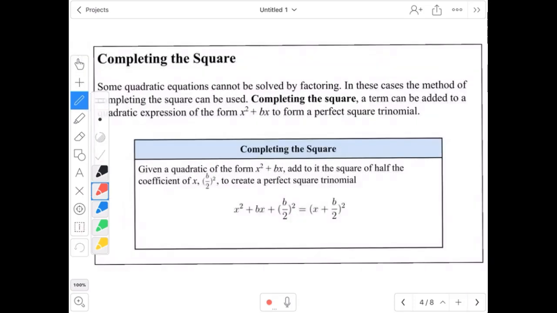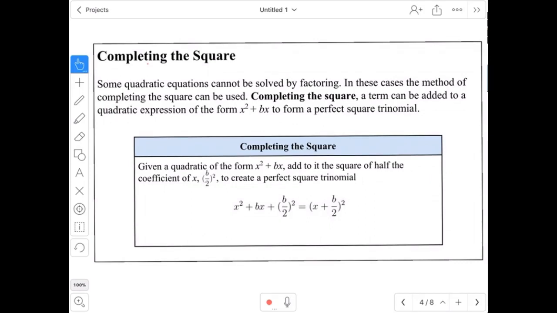Okay, now if we are actually completing the square, we want our equation to be in the form of x squared plus bx. That is the most important kind of piece. So notice there's no coefficient in front of the squared term.